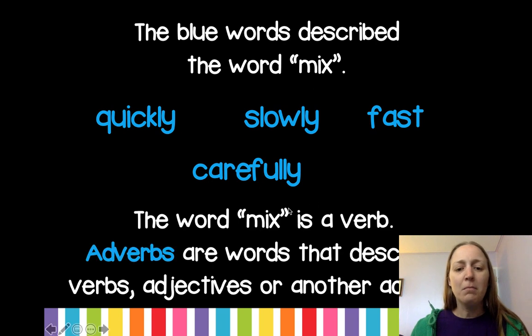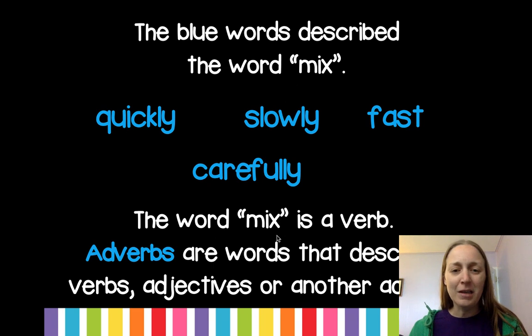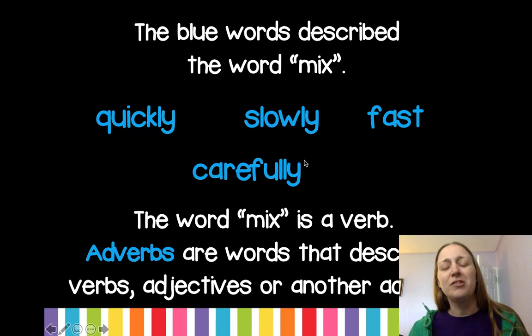The word mix is a verb. The blue words are adverbs, and they are words that describe verbs, adjectives, or another adverb. So, unfortunately, adverbs can be a little bit more tricky, but hopefully by the end of this presentation, you'll do wonderful.